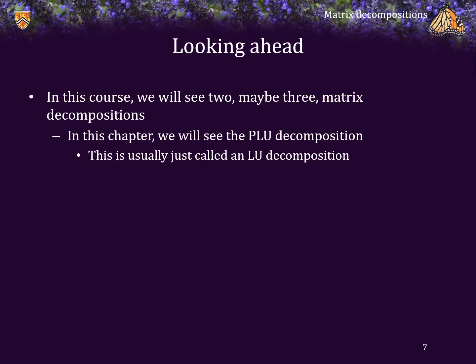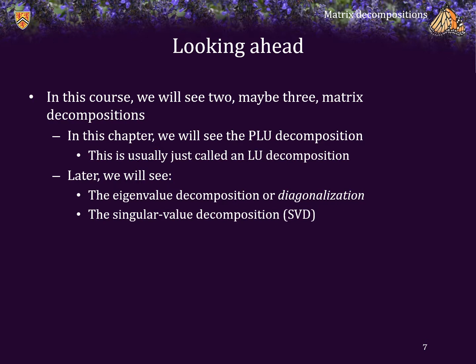In this chapter, we're only going to see one decomposition, and that's the PLU decomposition, although this is usually just called the LU decomposition. Later, we're going to see something called the eigenvalue decomposition or diagonalization. We may also see the singular value decomposition.